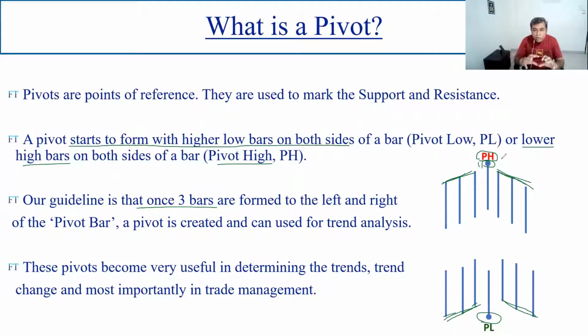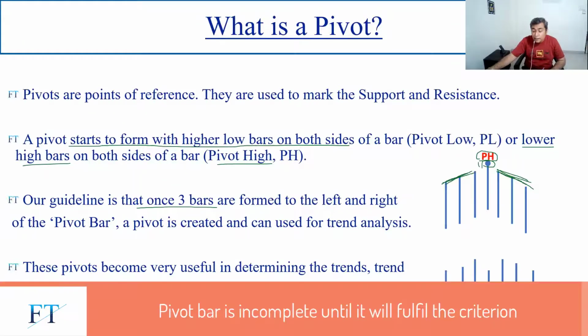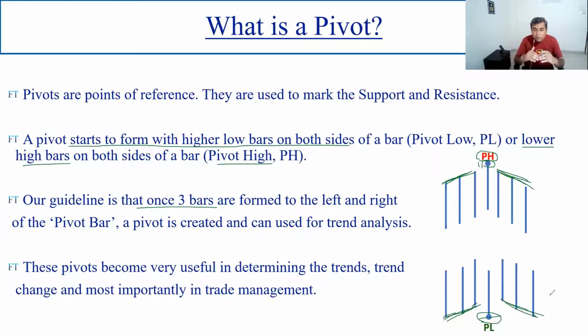I will show this on a real chart with examples. But keep this in your mind: we cannot call a bar a pivot high until it has 3 lower high bars on either side. And similarly, we cannot call a bar a pivot low until it has 3 higher low bars on either side. Keep this concept in your mind.